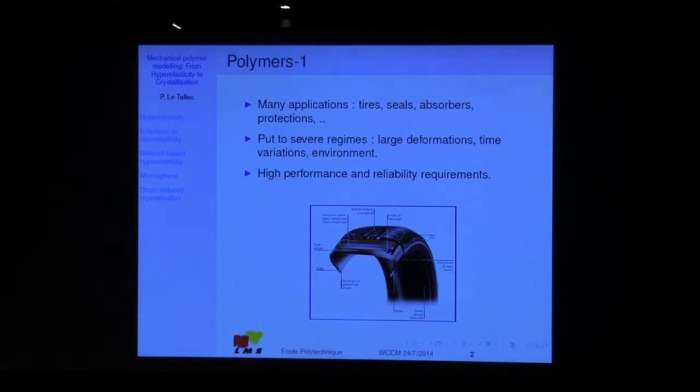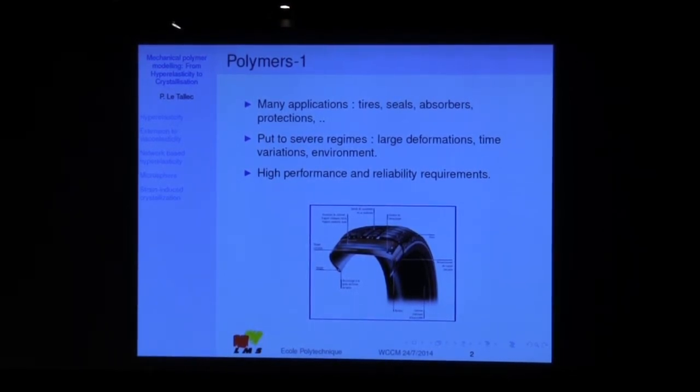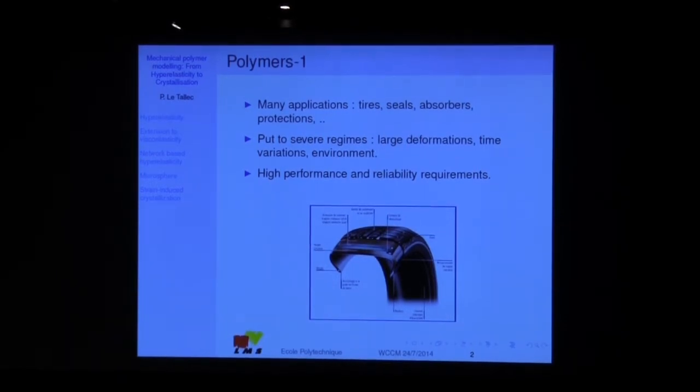And in those applications, they are put to very severe regimes with large deformation, time variations of the loads, rather aggressive environmental loads. And despite that, you ask them to perform efficiently with a minimal amount of matter and to be quite reliable. You want them to be reliable. So that's the engineering challenge.